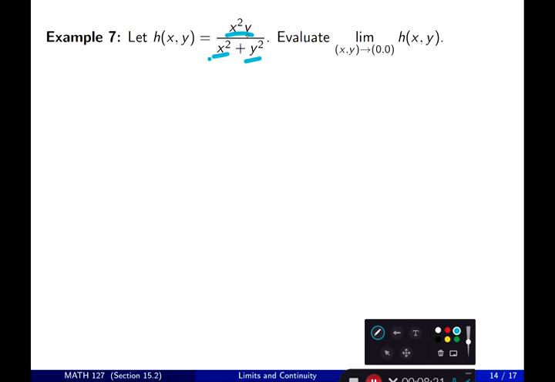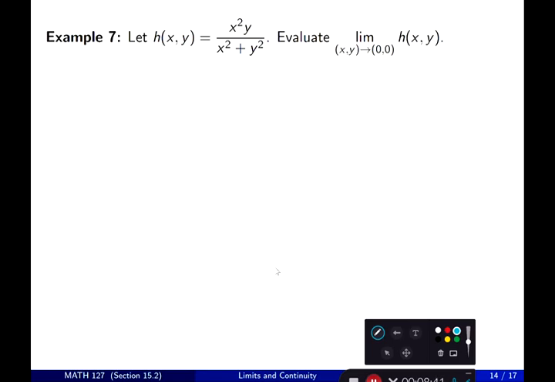And so let's do example 7. Let h of x and y be x squared y over x squared plus y squared. Evaluate the limit as x and y approach 0 and 0 of h of x and y.